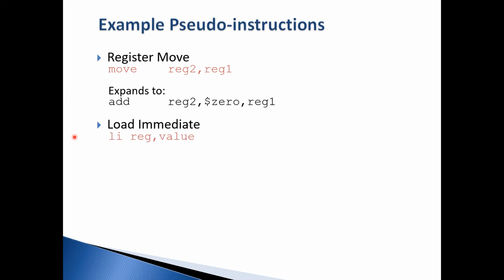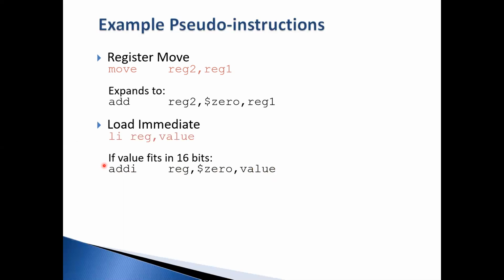But again, this value can be less than 16 bits or more than 16 bits, so we have two scenarios. If the value can fit into 16 bits, we just use the regular addi, because it can be encoded into the machine code. So you add the value to 0 and save the result into the register.